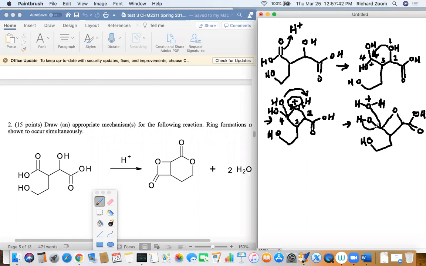Okay, the last step there in this ring closure is the water leaving. And Anna, you were asking this before. The water, one of the waters anyway, would be shown in this step.